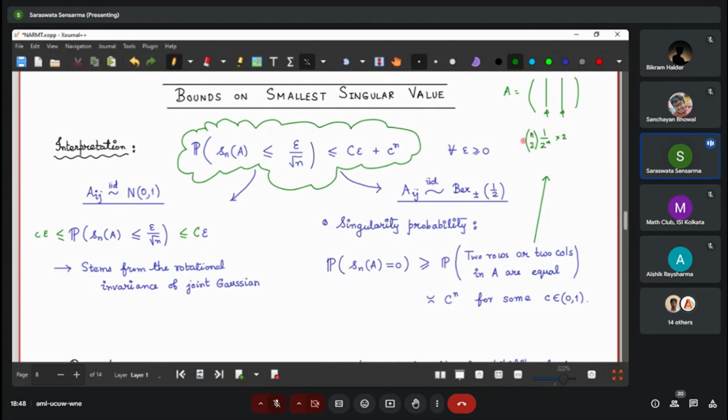If you have two rows whose sum is 0, then again you get a singularity, and so on and so forth. But whatever you get, you basically get a polynomial times 1 over 2 to the power n. So you get an exponentially decaying term, and the singularity probability is of course always greater than an exponential term, and that is why we need this term in here too.